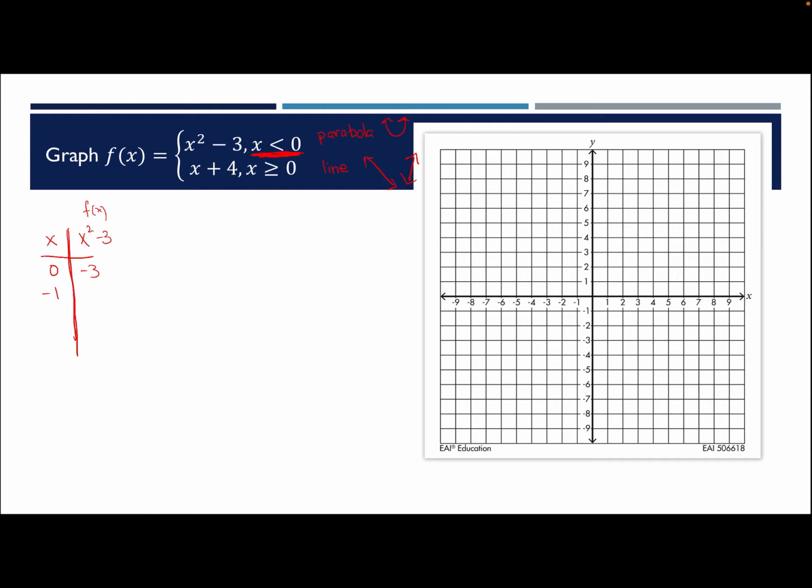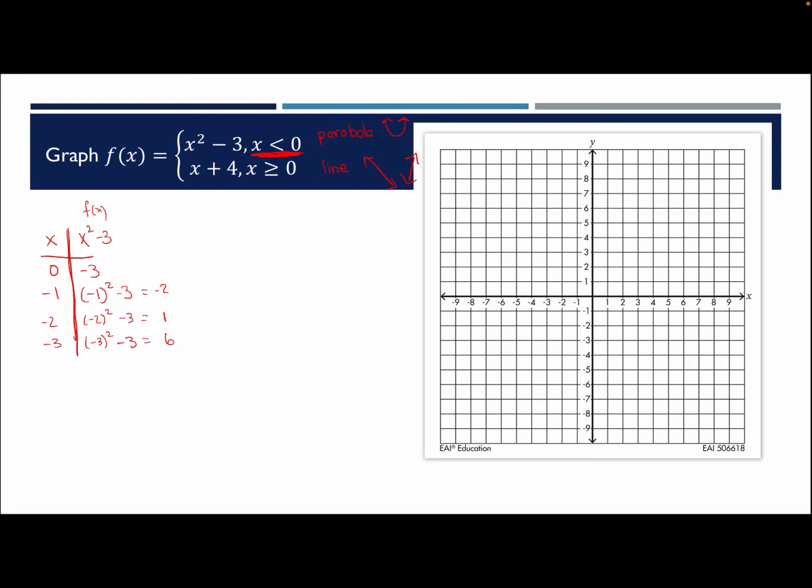When x is negative 1, we're going to get negative 1 squared minus 3, and that's going to equal negative 2. And then for negative 2, we're going to have negative 2 squared minus 3, and that's 4 minus 3, which is 1. And then we'll have negative 3, so you get negative 3 squared minus 3, and that's going to equal 6.